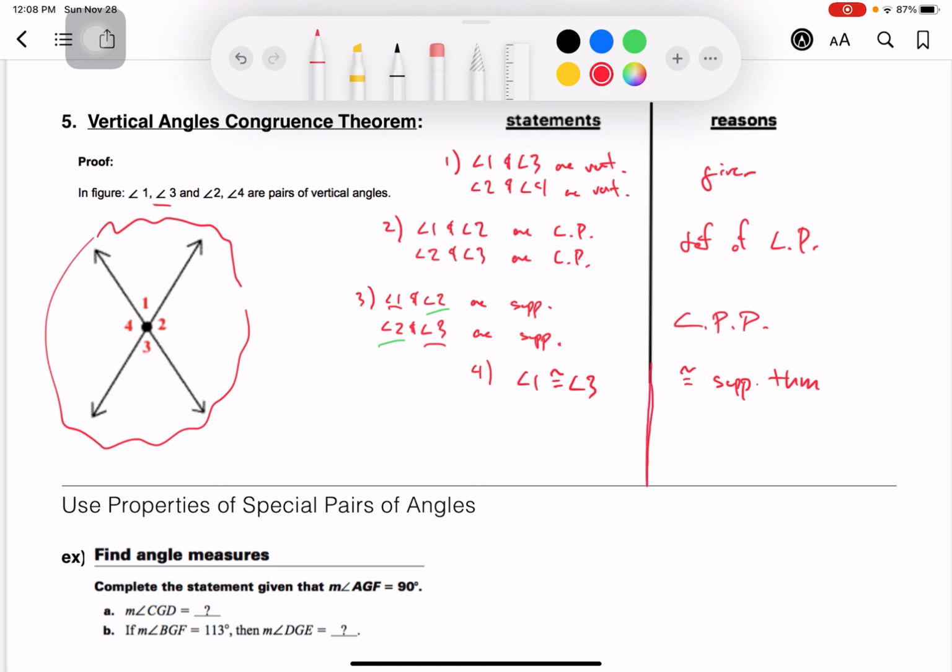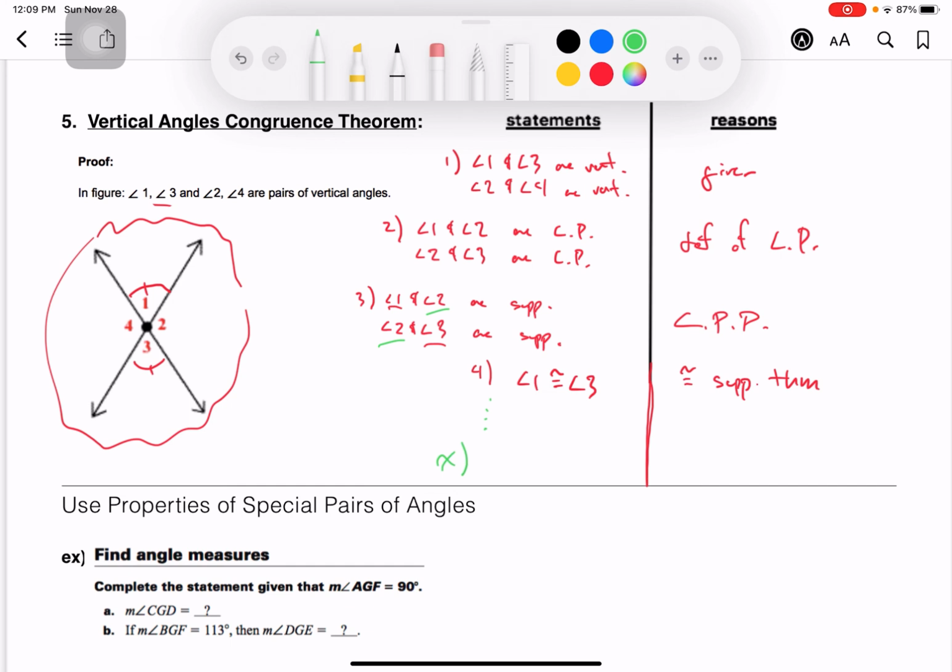Now, we just showed that angle 1 is congruent to angle 3, and they were a vertical pair. We could do the exact same thing. It wouldn't take long. I don't know at what point it would have taken exactly, probably step 7. I'm just going to put step X here.